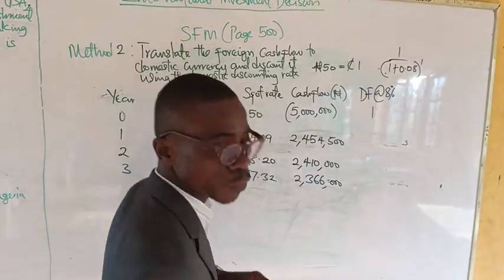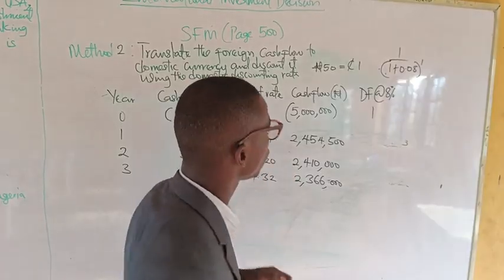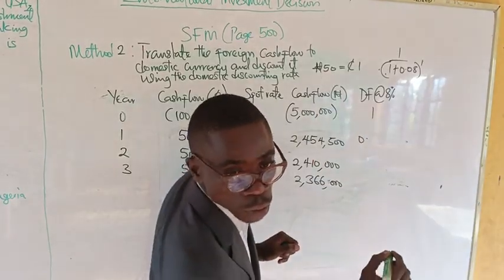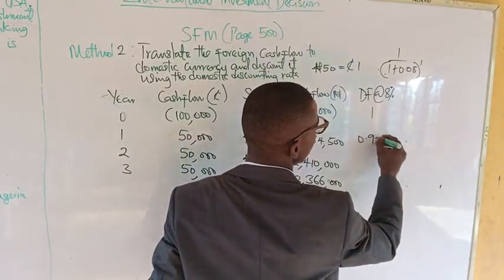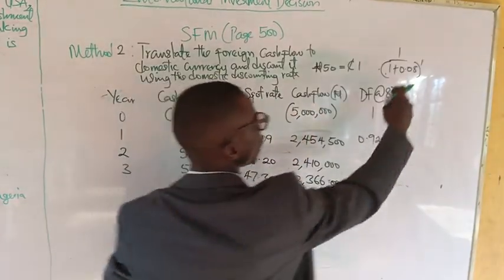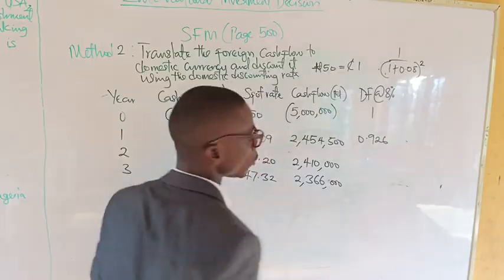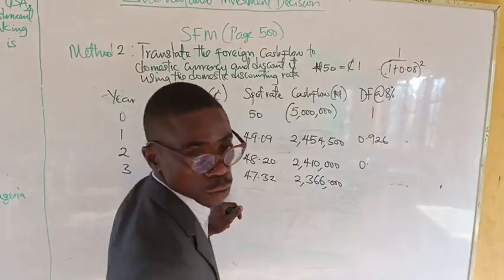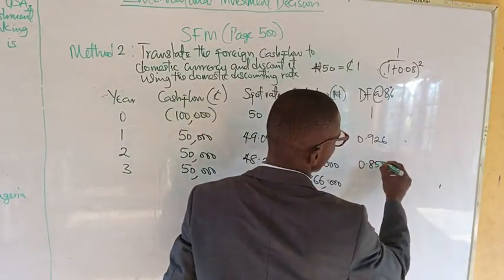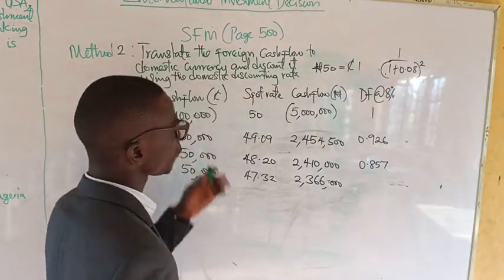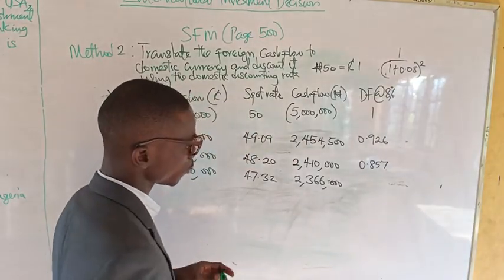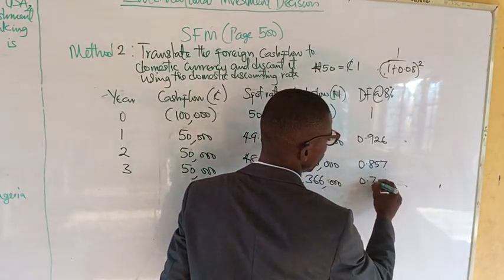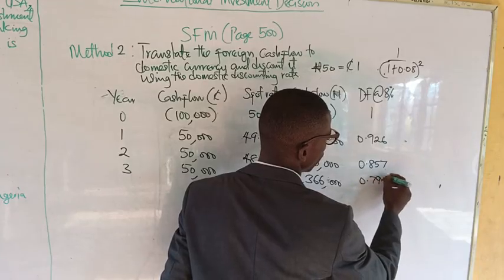So what will we get? 0.926. For the second year, raised to power 2, 0.857. For year 3, 0.794.